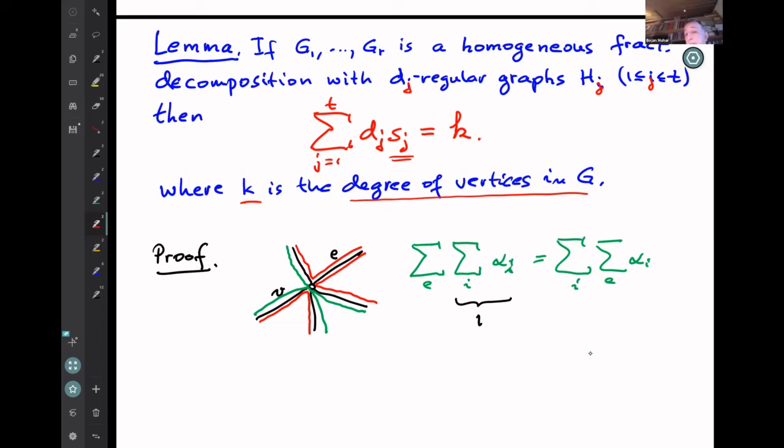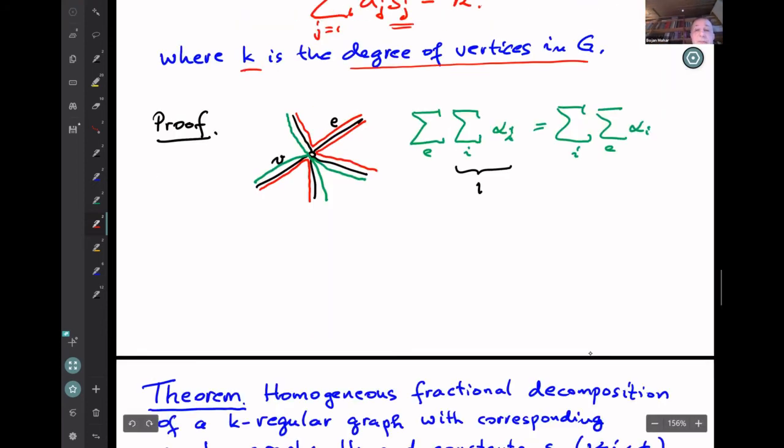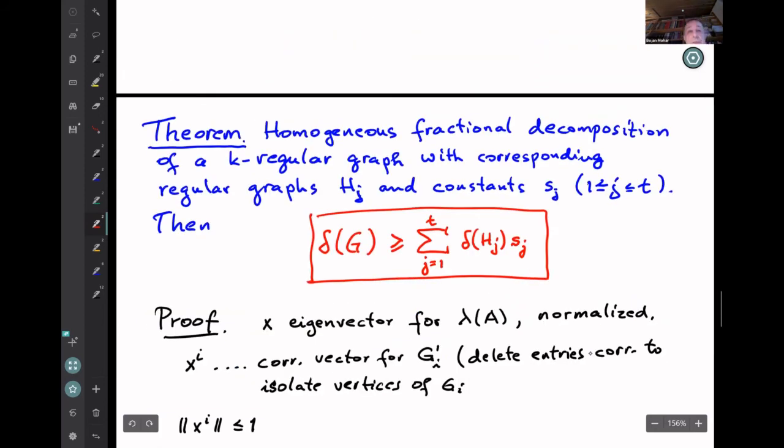That was part of the fractional decomposition. And then you use that this sum of the alphas over all edges for each i is just a multiple of d sub j. So this S sub j, and then you come up to the formula. I won't go into details because it's just a simple double counting.